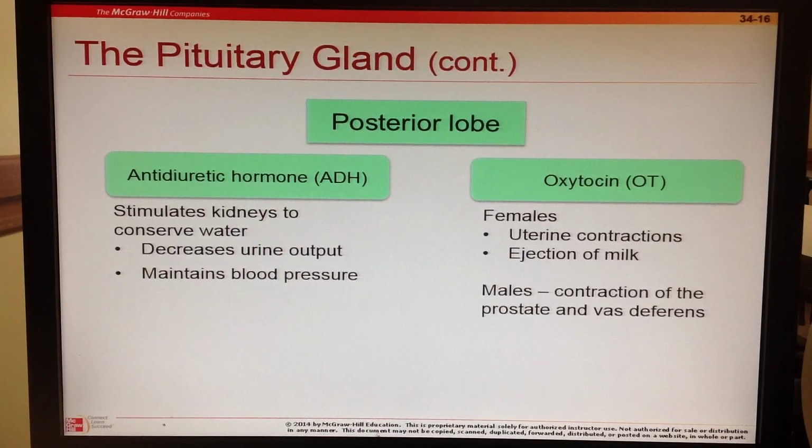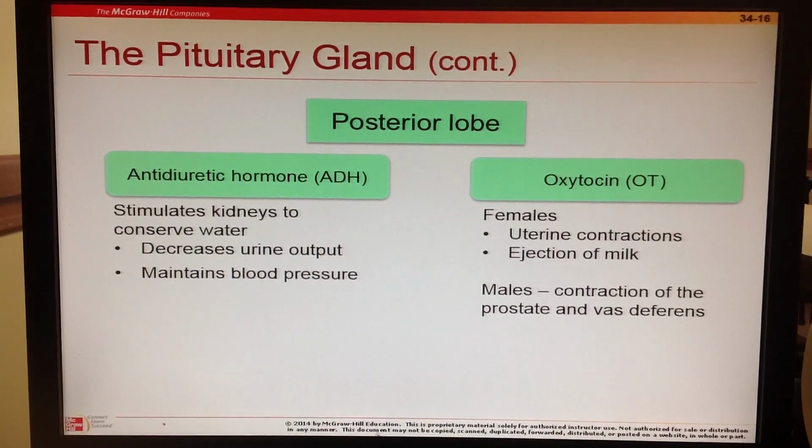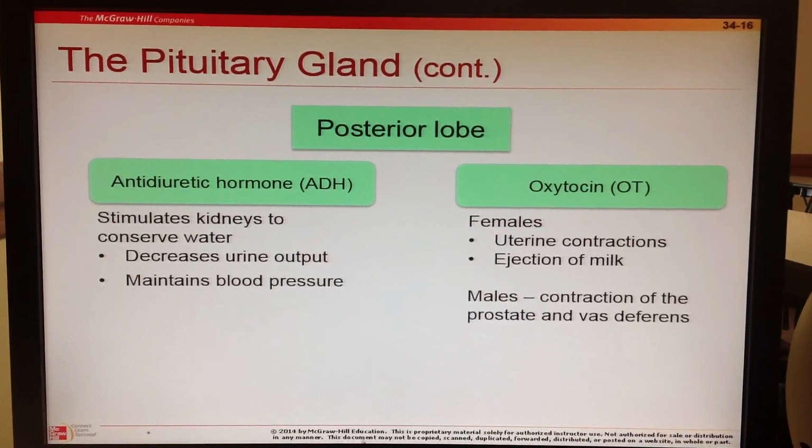It's also important to have ADH to maintain your blood pressure. Oxytocin, as we mentioned before, is really important for milk release versus prolactin, which is important for milk production. So remember, ADH and oxytocin are released from the posterior lobe, but they're actually made by the hypothalamus. That's also a really good test question.